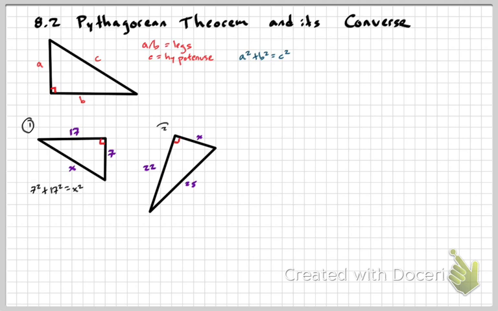Compared to the one on the right, X is a leg, so I would do X squared plus 22 squared equals 25 squared. Right? And so from there, you would just use your calculator to figure out what those are. So 7 squared is 49, 17 squared is 289, equals X squared. 49 plus 289 is 338, and then the square root of 338 is 18.4.